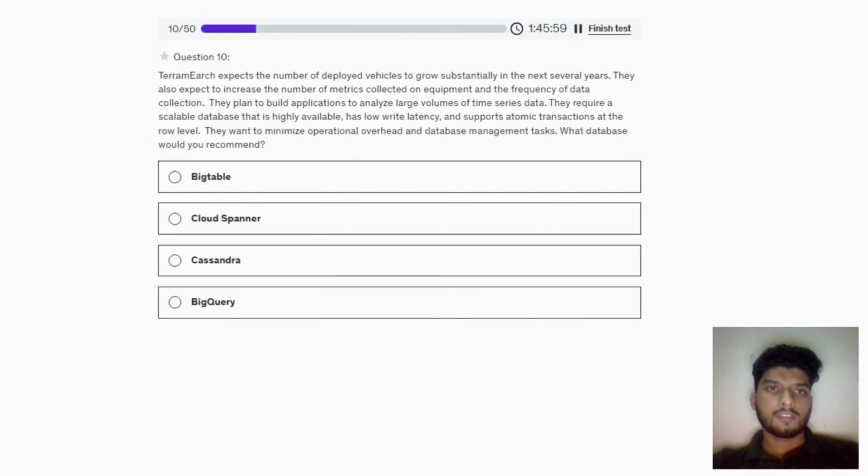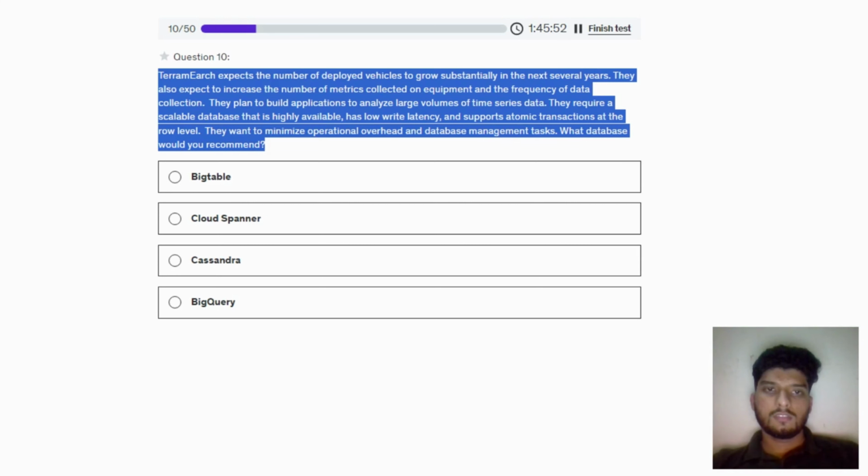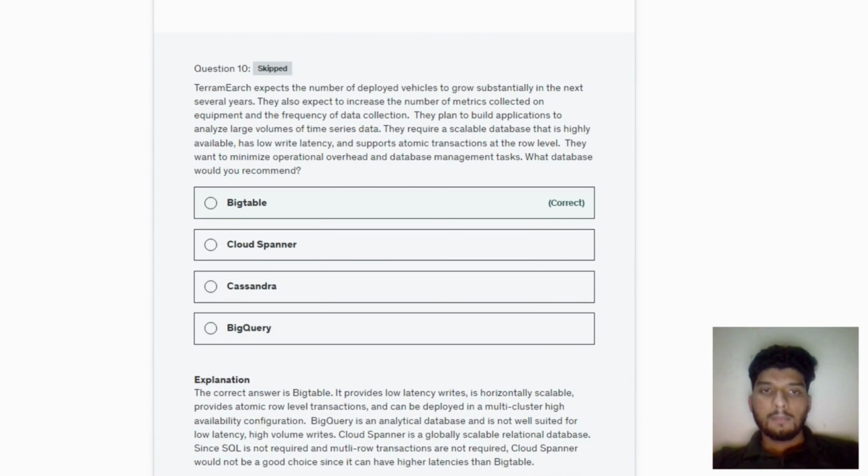Question 10. The right answer is Bigtable.